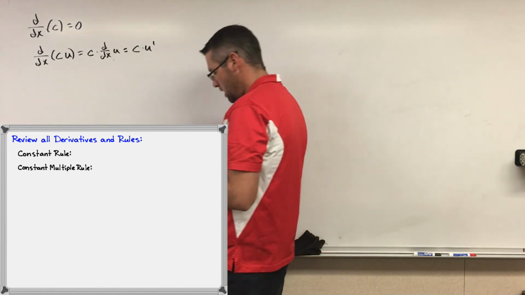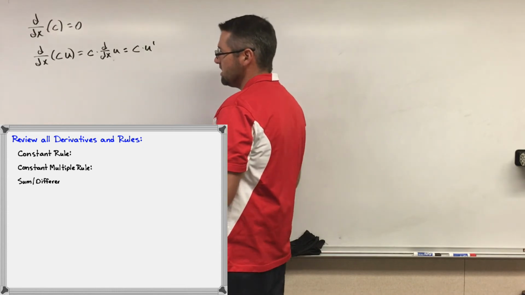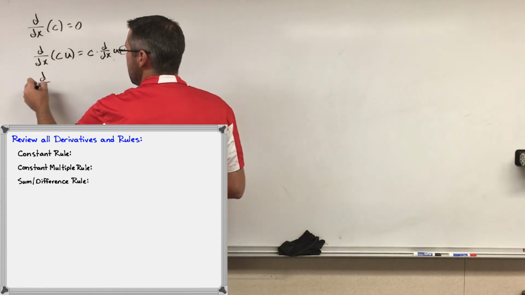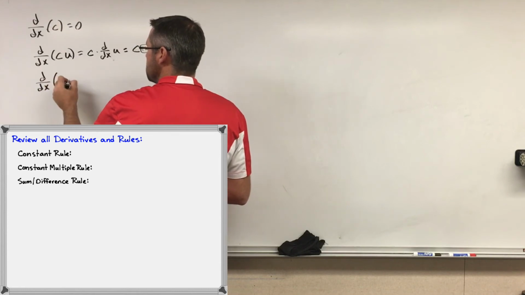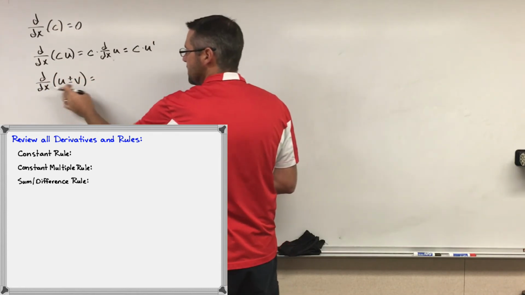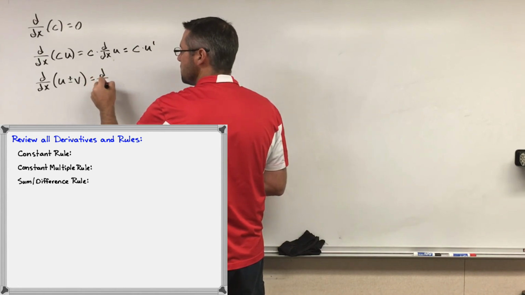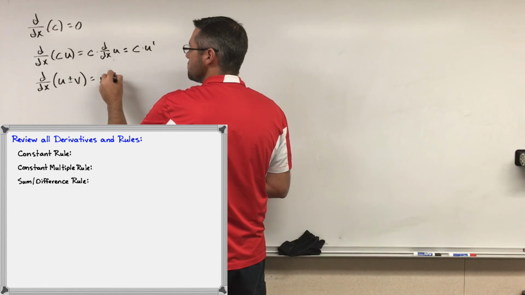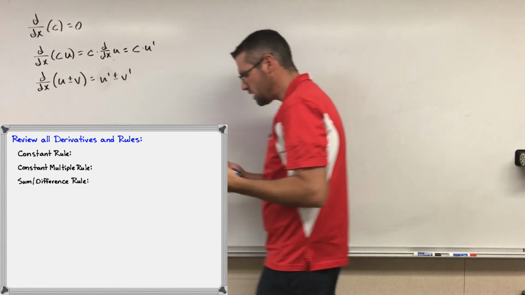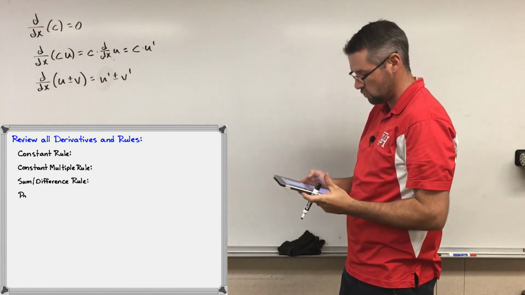Okay? The next rule was the sum and difference rule. So if I have the derivative of some function plus or minus some other function, well then I can take the derivative of each of those, or essentially, I'll write it like this. That would be u prime plus or minus v prime. So that's the sum and difference rule.